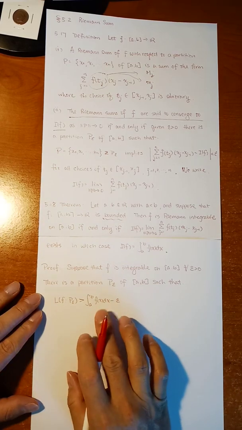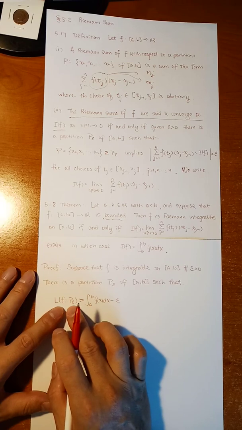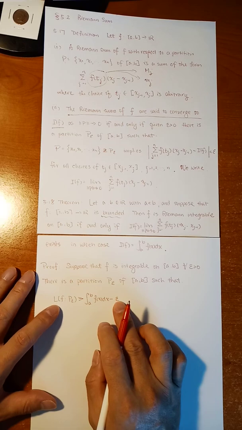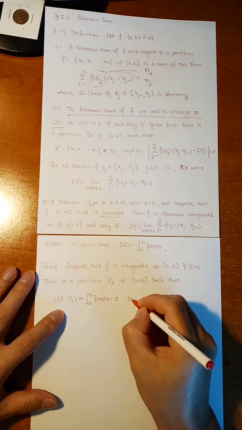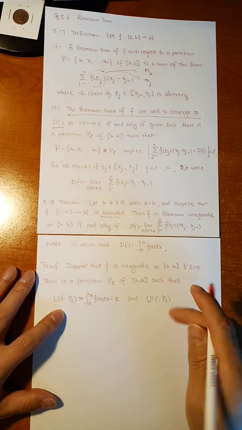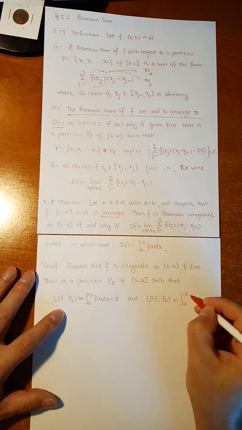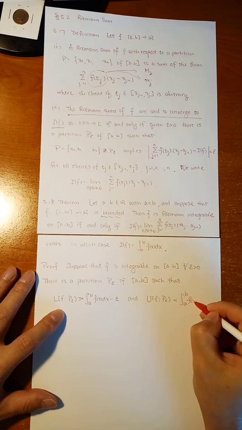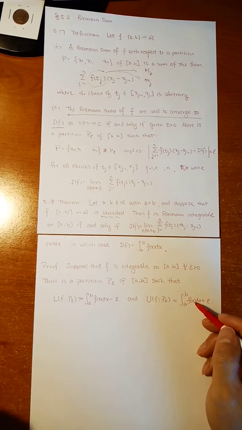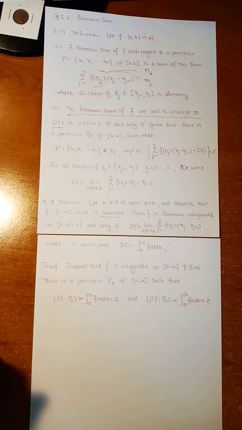Remember, the integral is a supremum, so by the approximation property, whenever you subtract epsilon from the supremum, there's an element greater than it. And the upper sum is less than the integral of f(x) dx plus epsilon. It's an infimum, so whenever you add epsilon to the infimum, definitely there's some element smaller than it.